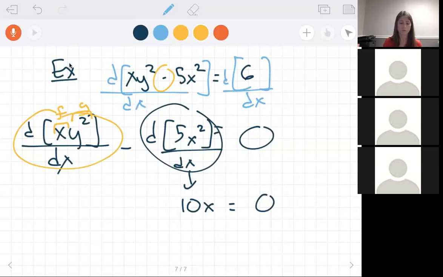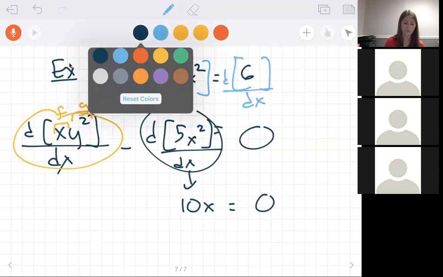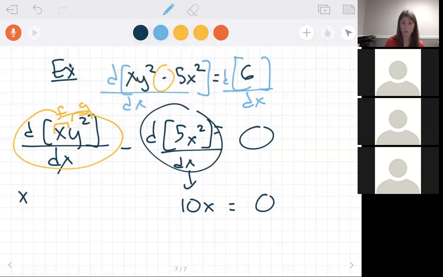Remember that the product rule tells us we do the first function, which is our x, times the derivative of the second. We have to keep remembering that we're differentiating with respect to x everywhere. So for the derivative of the second, we first differentiate with respect to y, and then follow it by dy dx, since we're trying to differentiate with respect to x.